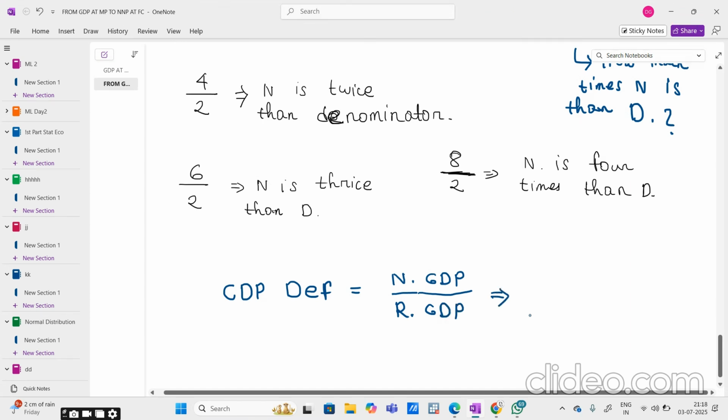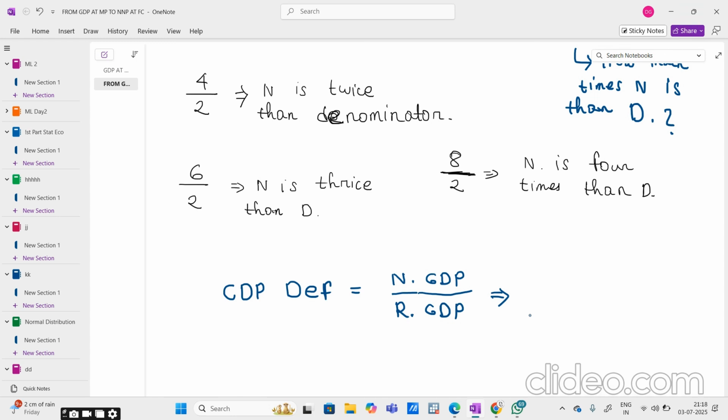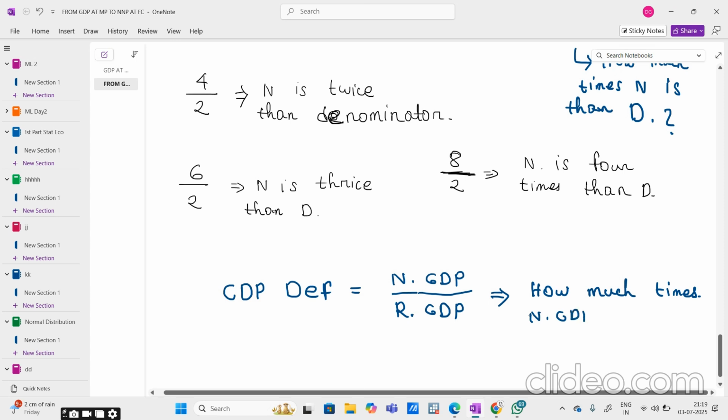It will tell how many times the numerator is of the denominator. In place of the numerator I can write nominal GDP, so how many times nominal GDP is of real GDP. Obviously I can write this.